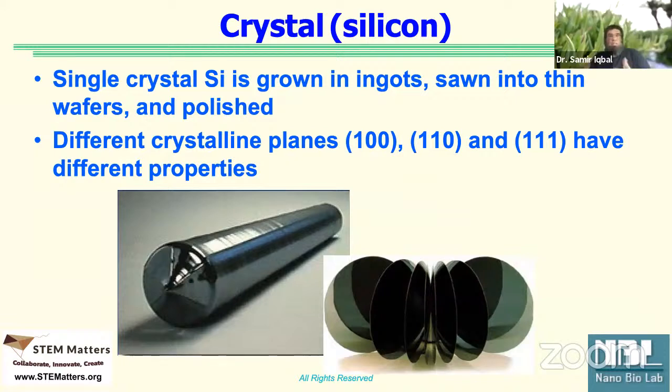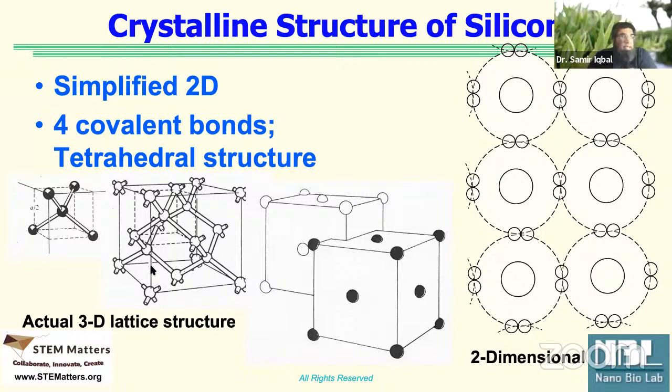Looking at this structure, that's why I was saying don't go into more detail. What I want you to just see is, if I pick this plane, and this is the same as this, there are 5 atoms in this plane, right? But if I pick this plane, which is diagonally crossing the center of the cube, that would have a different number of atoms in there.